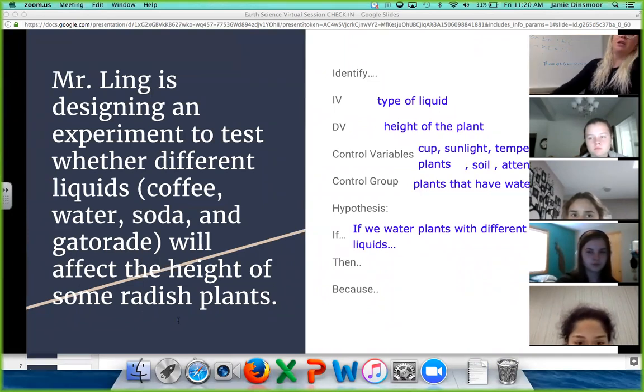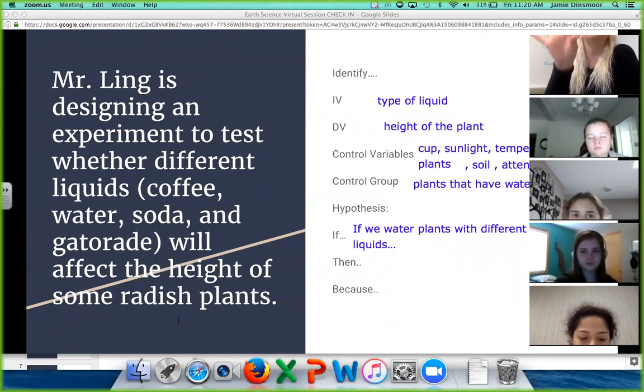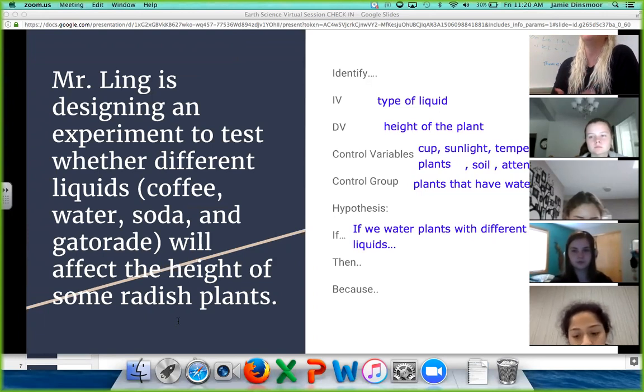So my only feedback here would be to you guys, make sure you're being specific in the hypothesis, right? Don't worry about it being too long or wordy. You want to be specific. So you could break it down by liquid. You could say if we water it with coffee, that plant will be the shortest because coffee has caffeine and that can't be good for plants, right?